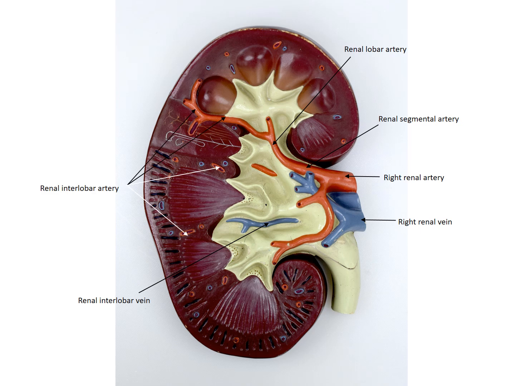Renal lobar artery ascending and form the renal interlobar artery. Renal interlobar artery give us the arcuate artery, and finally in cortex we have renal interlobular artery.